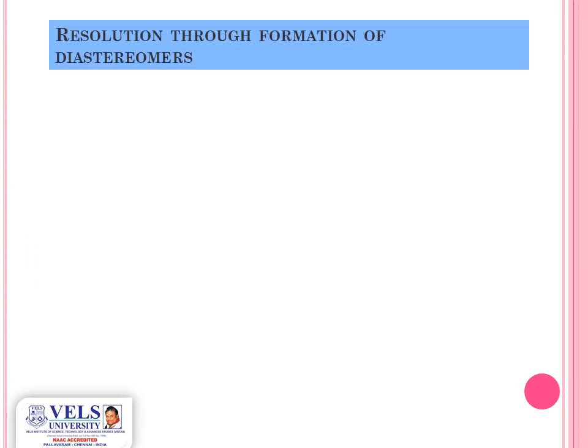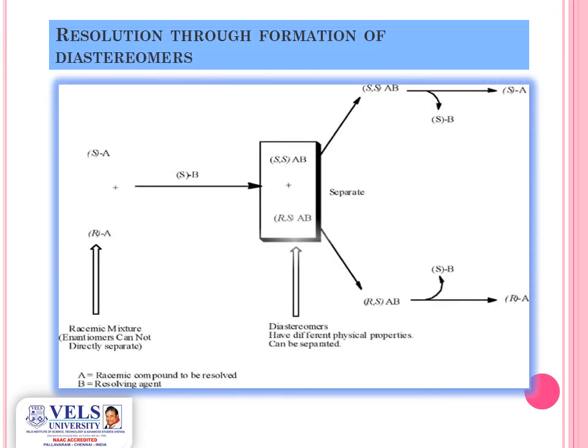Here I have taken an example of a racemic mixture A, which consists of two enantiomers of R and S configuration. This, when treated with another optically active reagent B having S configuration, which acts as a resolving agent, results in the formation of diastereomers AB.